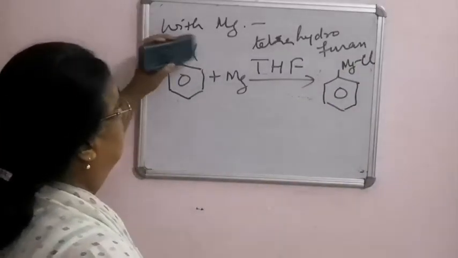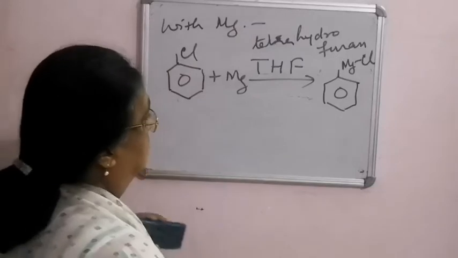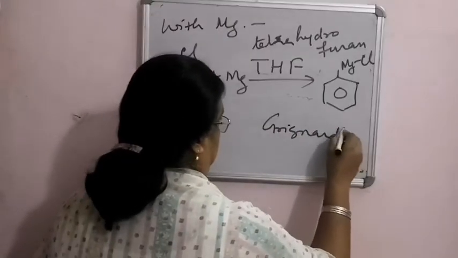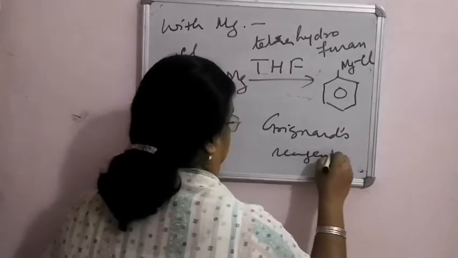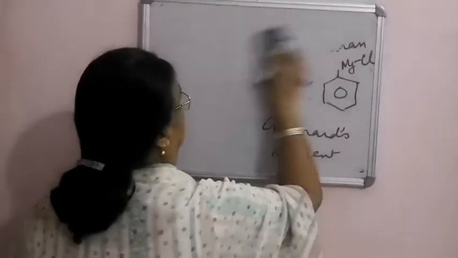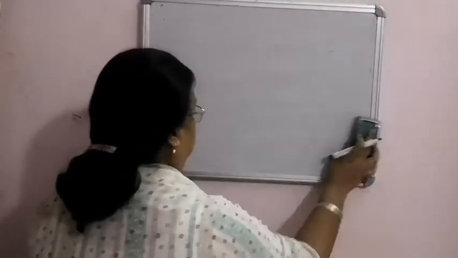For an alkyl halide, we take dry ether. So this is the aromatic Grignard's reagent.